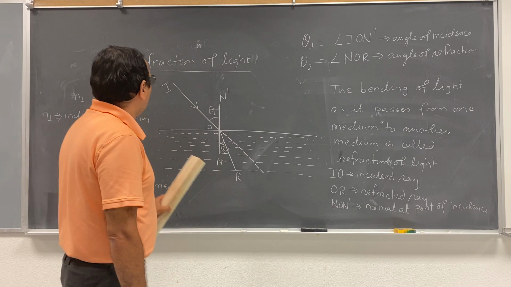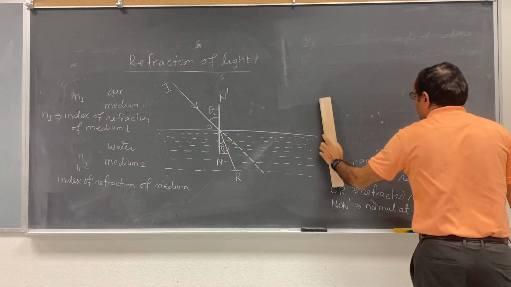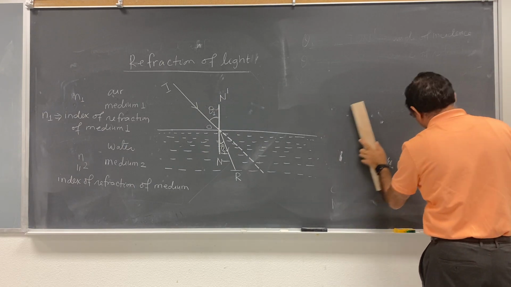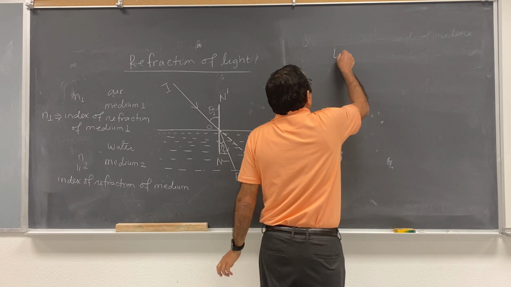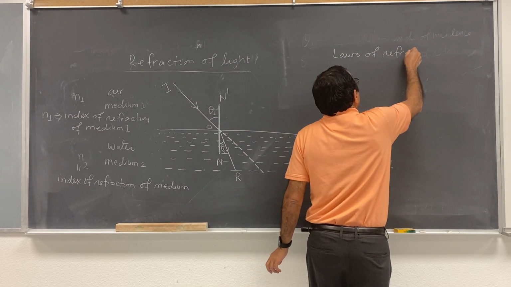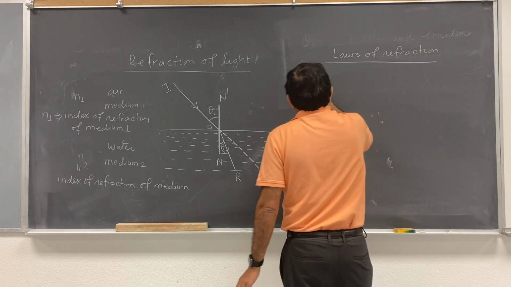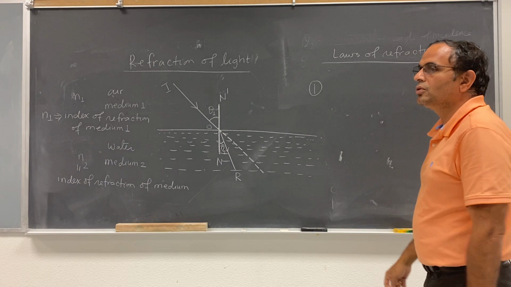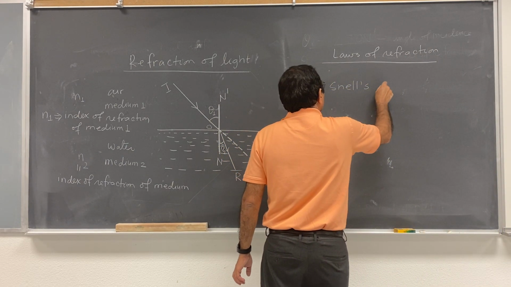Okay, so I have to erase this. So let me state the laws of refraction. Okay, the very first one, the first law of refraction, we also call it Snell's law.